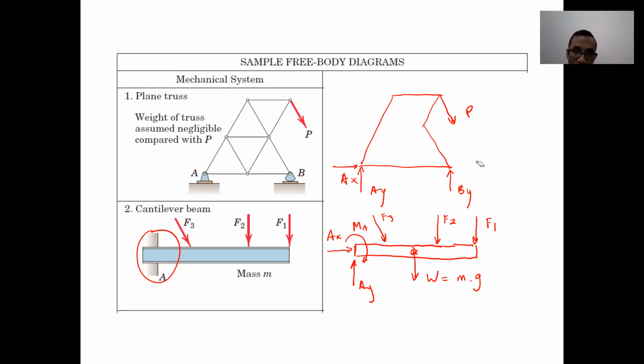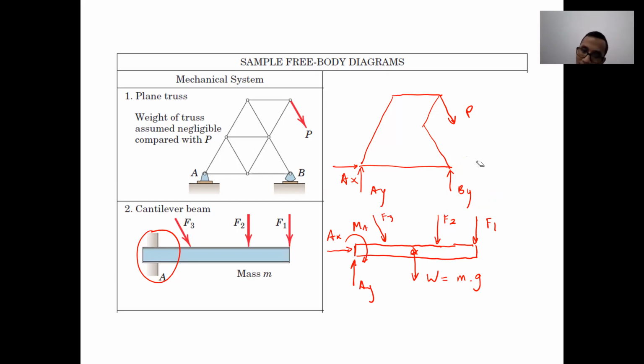Now, if it's fixed support, it restricts the horizontal movement, vertical movement, and rotational movement. Like you clamp it. Fixed support is like this, like I clamp it totally. It is not able to move horizontally, it is not able to move vertically, and it is not able to move rotationally as well. You get it? Yes, sir.